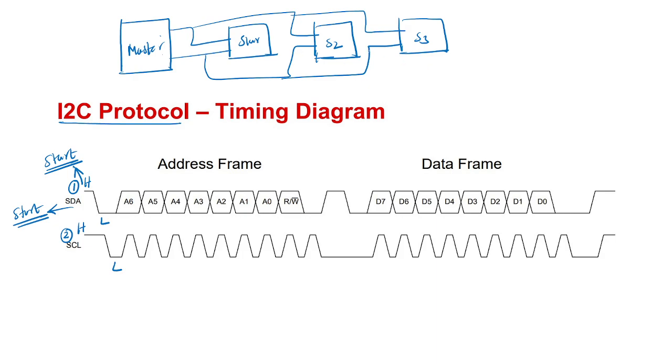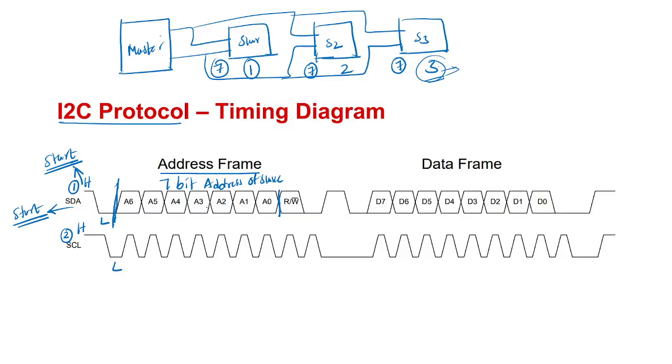So how to identify the slave? By using the address. It is a 7-bit address, and each and every slave has a 7-bit address. After the start condition, there is the address frame, A0 to A6, the 7-bit address of the slave. Suppose the slaves have address 1, address 2 and address 3, and the master wants to communicate with the slave having address 3 in terms of 7 bits.